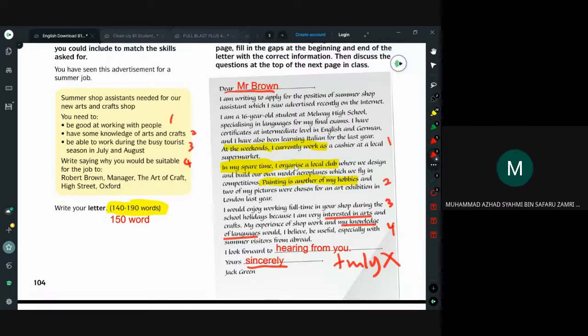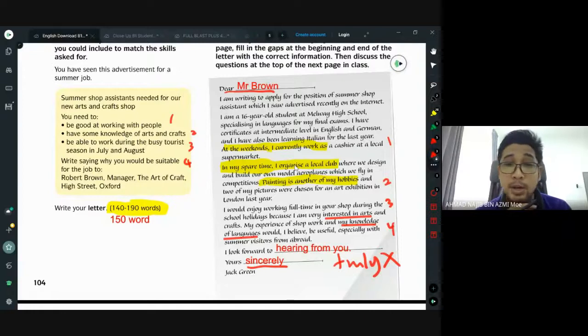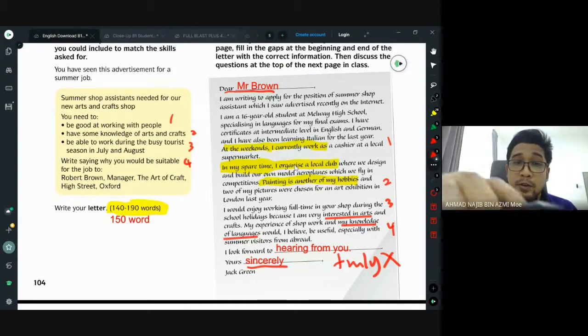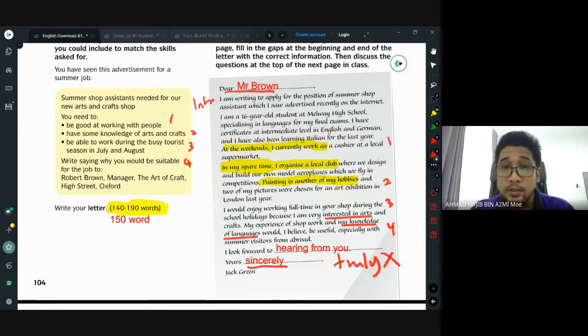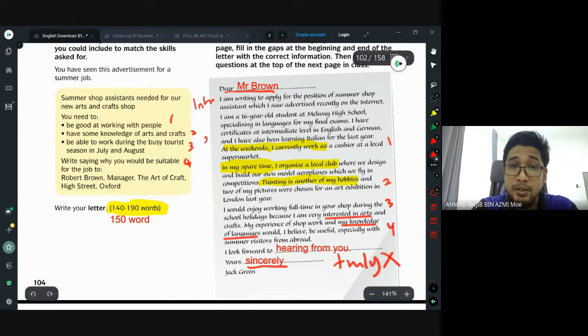Yeah. Alright. One last thing is about organization, cara kamu susun idea. So obviously the first paragraph is your intro. Kan, tujuan kamu, why you are writing this letter to apply for the job. Number 2 is all about your experience, kan, pengalaman.